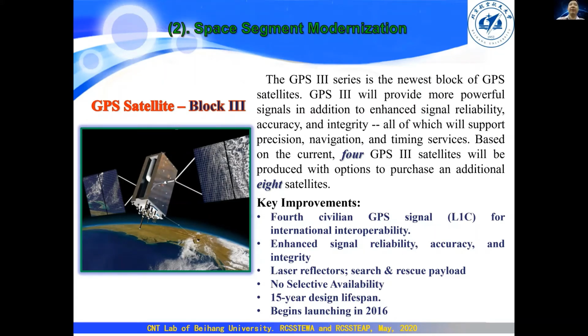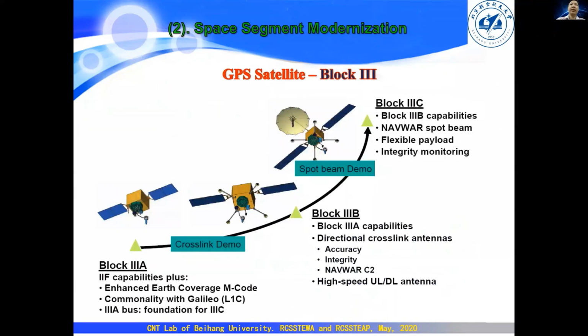It's a very long time for a satellite. It's gradually from block 2A, block 3A, and then it will be upgraded to block 3B and block 3C, step by step.